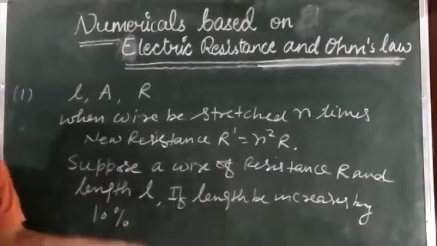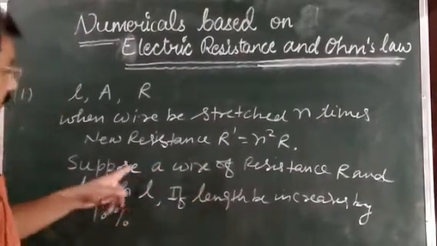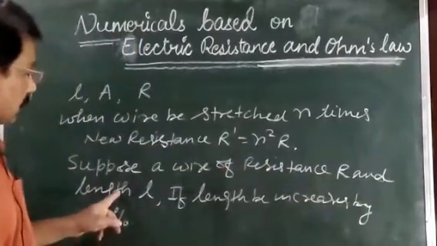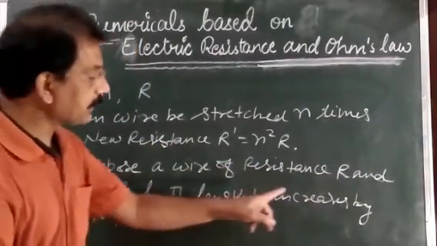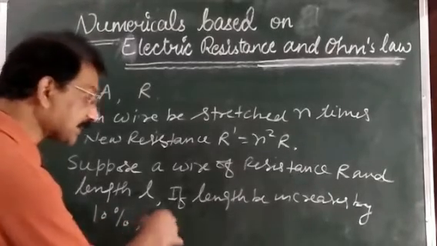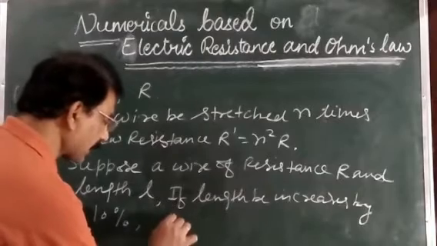In this question, how can you find the answer? Earlier length is L. Its length increases by 10%. After stretching, suppose its length is L dash.